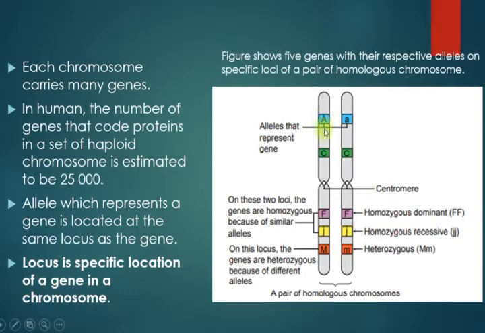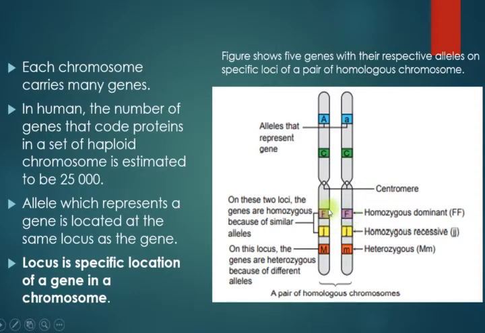Big A refers to the allele that controls the dominant trait, while small a refers to the allele that controls the recessive trait. This is also a gene. Here, big F, big F, big F refers to the gene.